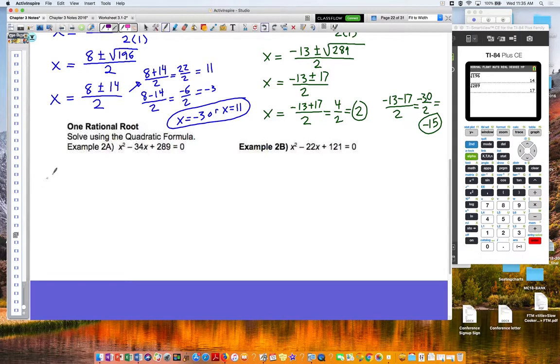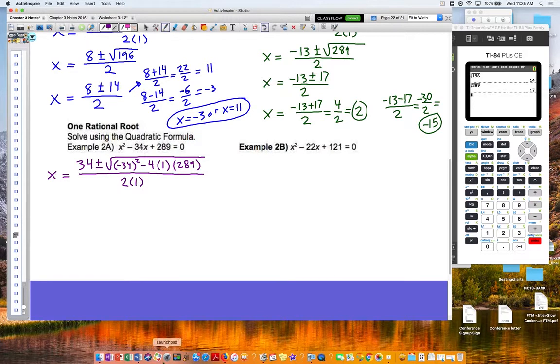So x equals negative b. So b is negative 34, so it becomes positive 34. Plus or minus the square root of negative 34 squared minus 4 times 1 times 289, all over 2 times 1.